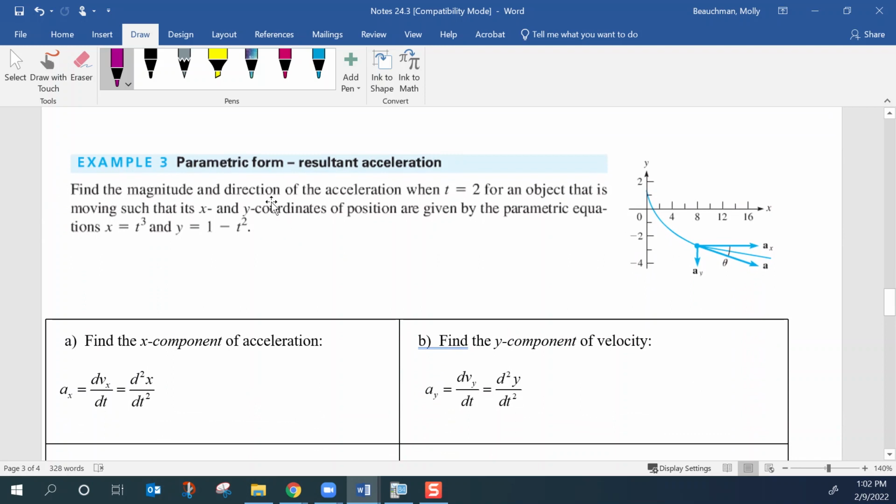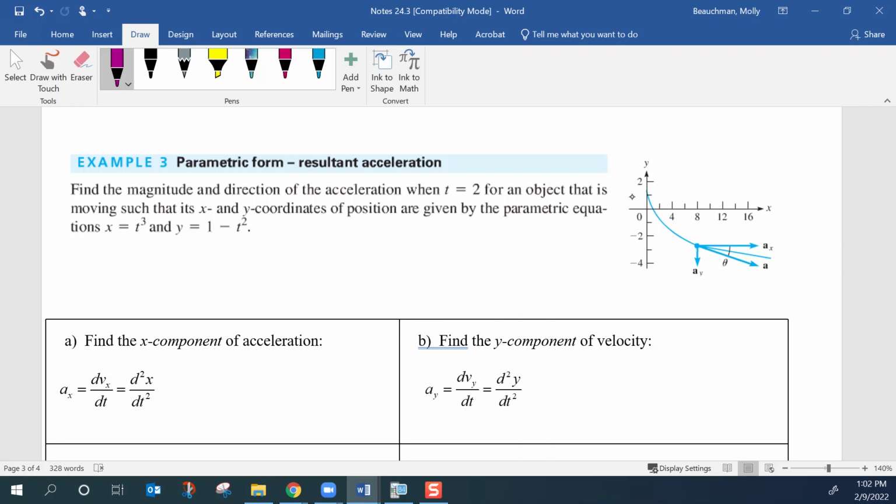So we want to find the magnitude and direction of the acceleration when t equals 2 for an object that's moving such that its x and y coordinates of position are given by the parametric equations. This time it's x equals t to the third and y equals 1 minus t squared. So this curve right here is the graph of the parametric equation.